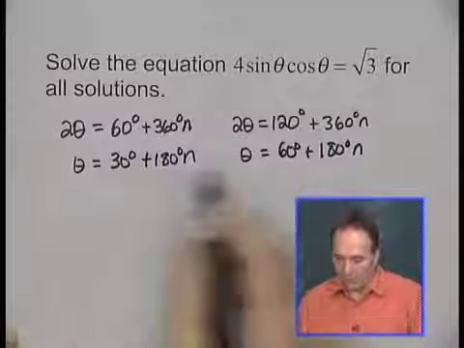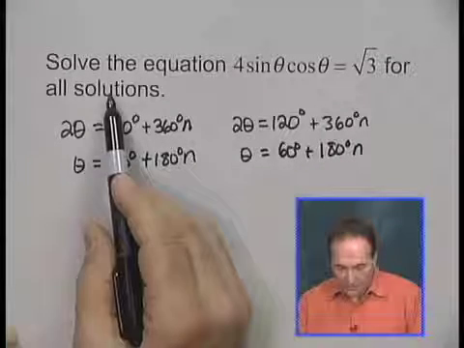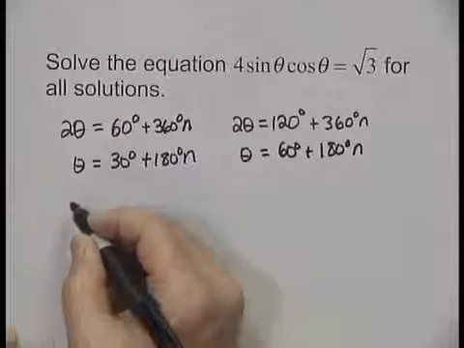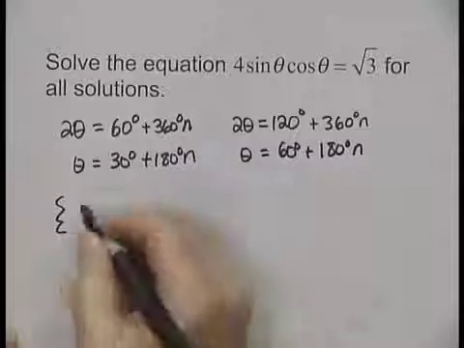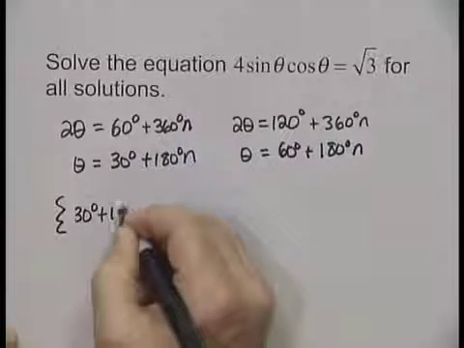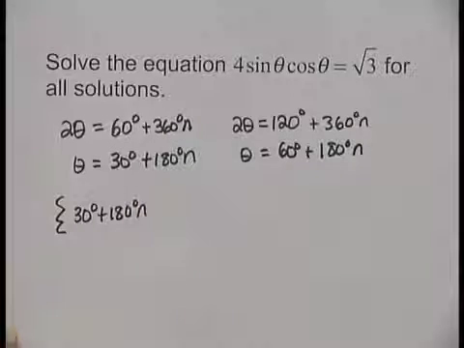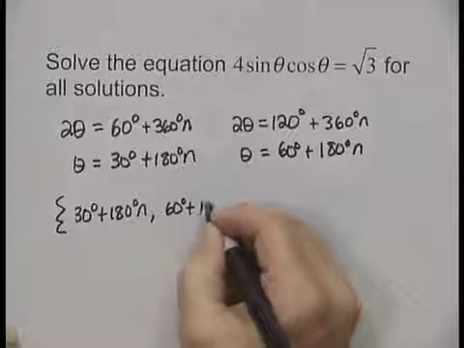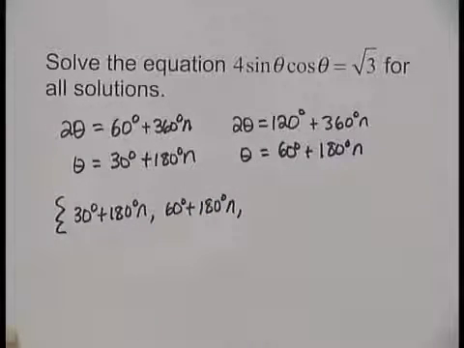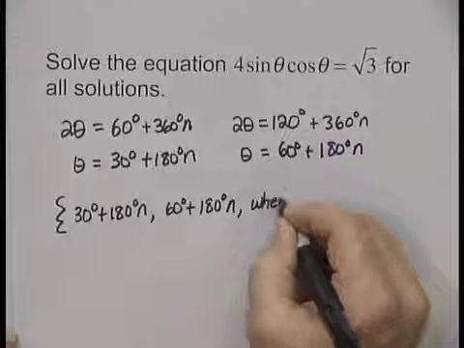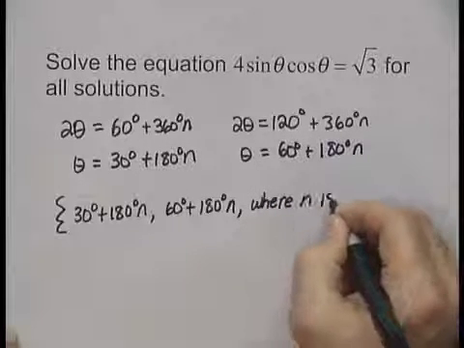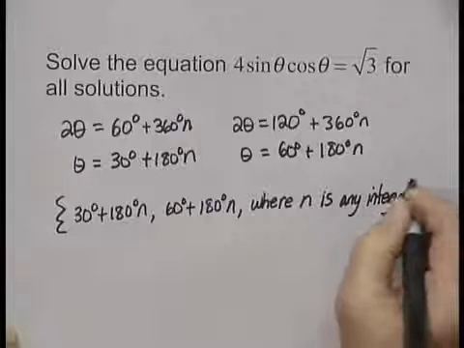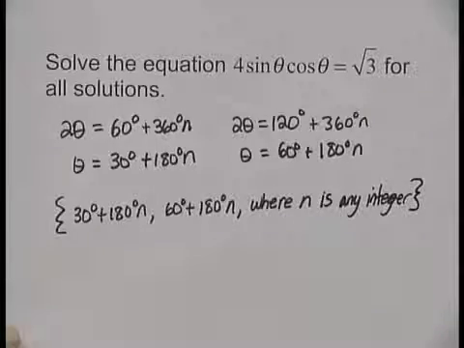And so when we write out the solution set for all solutions for the value of theta, we would write it like this. The set 30 degrees plus 180 degrees n, comma, 60 degrees plus 180 degrees n, where n is any integer. And that's our solution set.